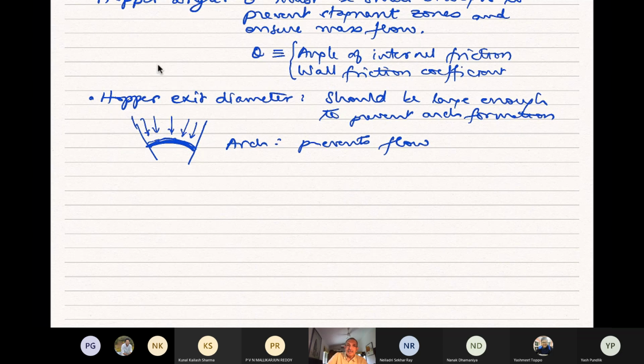And the final thing I'd like to say is that one of the important things is calculation of the mass flow rate.